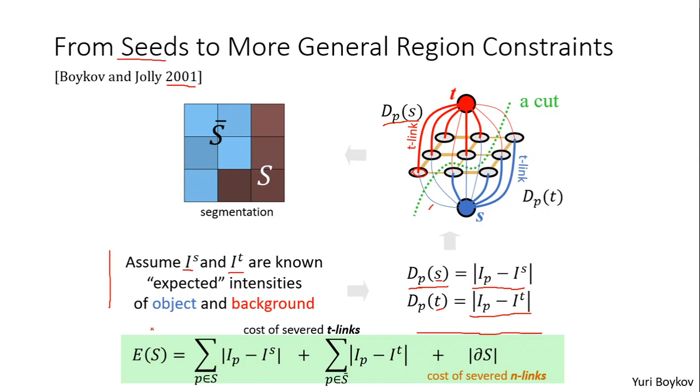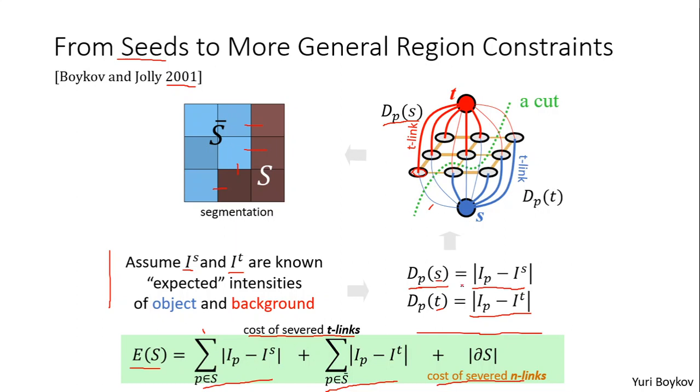So now let's look at this cost. The cost of the cut would be the cost of the severed T-links. That will be this term, this term, this term and this term, and the cost of the severed N-links, or the edge costs. So those edge costs will be there for this, this, this, and so on.